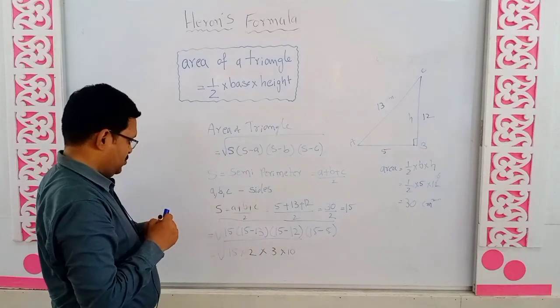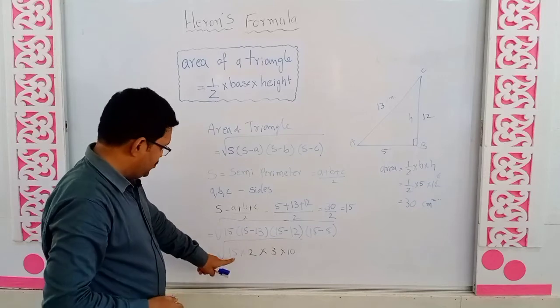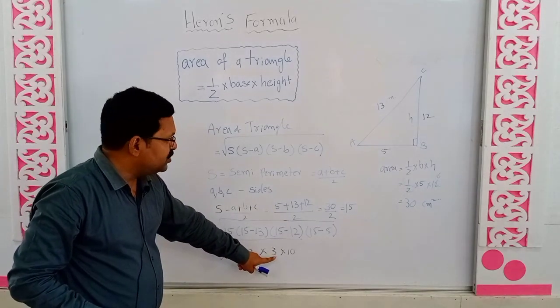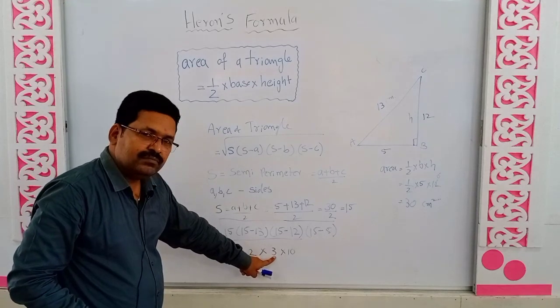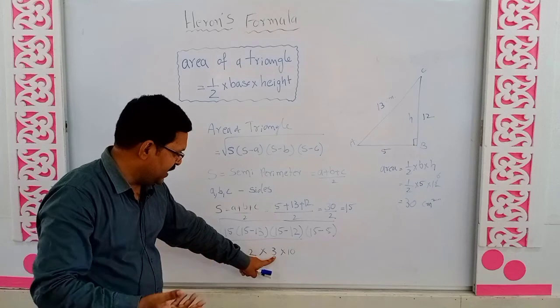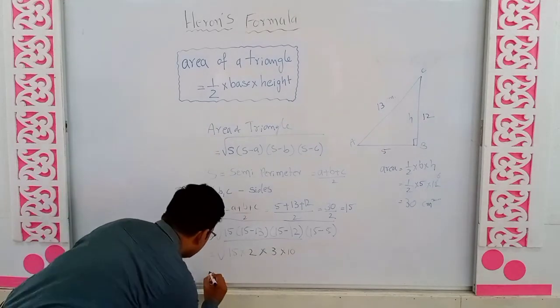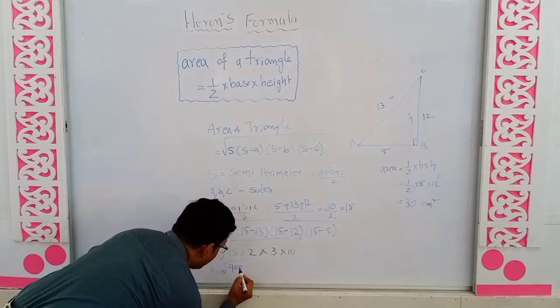Very good. So let us calculate it. 15 into 2, 30. 30 into 3, 90. 90 into 10, 900. So it is square root of 900.